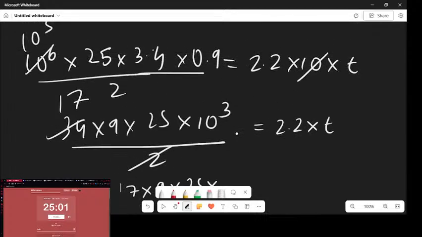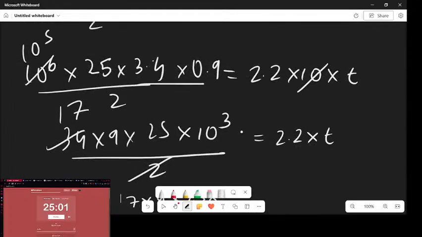Did we include the latent heat? 10 to the power 8 and 2.2.